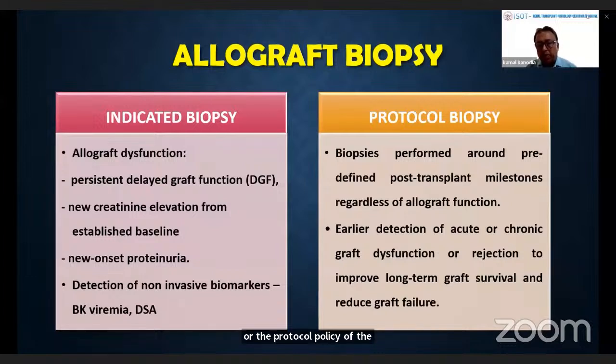The purpose of this biopsy is early detection of acute or chronic graft dysfunction or rejection, to improve long-term graft survival and reduce graft failure. The main target is the detection of subclinical rejection. If detected, it is treated, so graft survival is improved and we can reduce long-term graft failure.